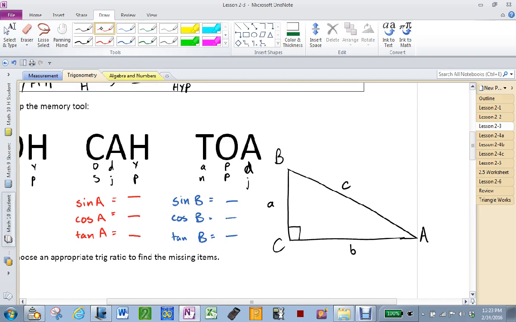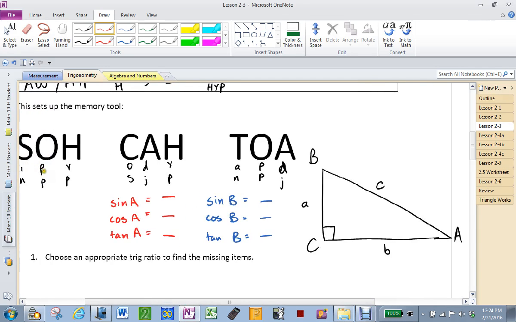Would anybody wish to volunteer their answers? Alicia. S over A? But there's no S's. Sine is opposite over hypotenuse. So what is opposite of A?